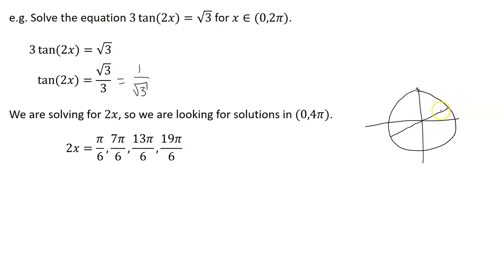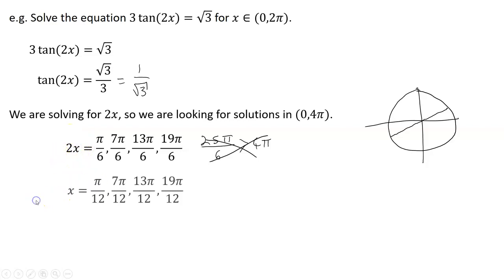If I go to the next one, which would be 25 pi on 6, 25 pi on 6 is greater than 4 pi, isn't it? Because 4 pi would be 24 pi on 6. So that's too far, and I've got these 4 solutions. I've solved for 2x, but solving needs to be just for 1x, so I then just need to divide everything by 2.